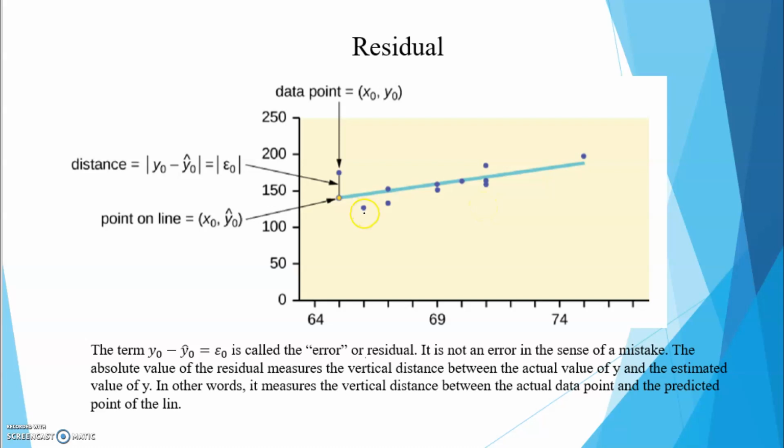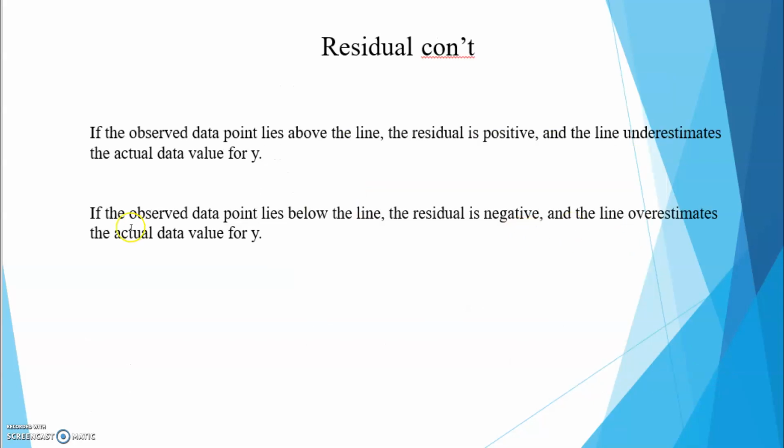Okay, if you look at a data value below the line, on our equation, this is the point on the line that we will see. And notice how it is above the actual data value, so it's going to overestimate, like it says here. If the observed data value lies below the line, the residual will be negative, and the line overestimates the actual data value for y.